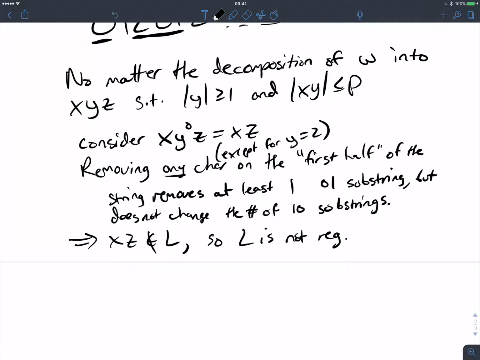Because if it includes any 0 or 1, removing it will remove a substring. But if you remove a 2, you have to specify that. So if y equals 2, then the number of 1,0 substrings goes up, but the number of 0,1 stays the same. Yeah, thank you for fixing that.